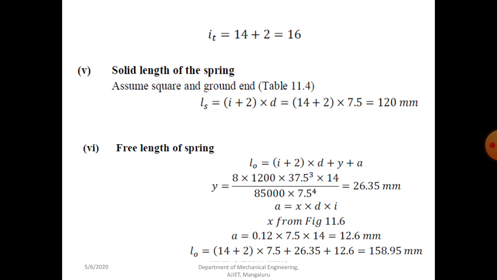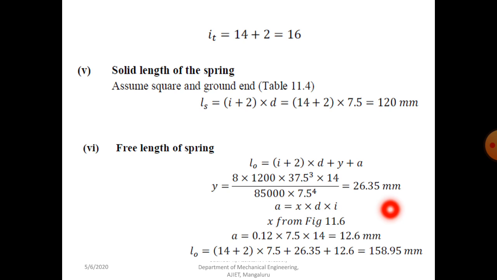Free length is always solid length plus axial deflection plus the clearance between the coils. Therefore we get L naught as 14 plus 2 into 7.5 plus 26.35 plus 12.6. So the free length of the spring is 158.95.